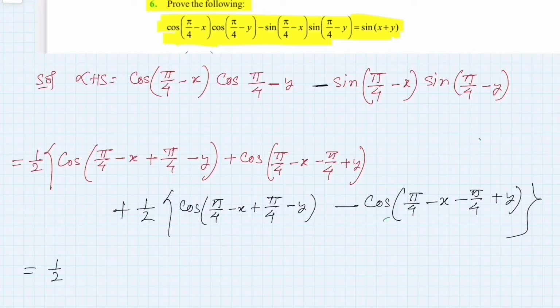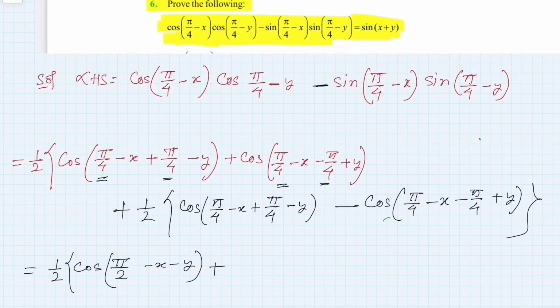So half is equal to cos(pi by 4 plus pi by 4), that's going to be equal to pi by 2, minus x minus y. Here pi by 4 minus pi by 4 cancel, then we will get minus x plus y. That means you can write cos(y minus x).